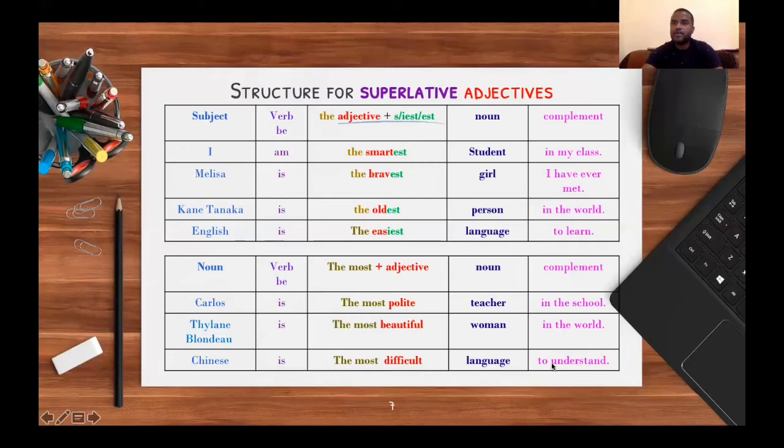Here we are comparing three or more things. And since we have long adjectives, we are going to put the most. But if you have short adjectives, we are going to put est or st or iest. Okay, is it clear? So this is concerning superlatives.